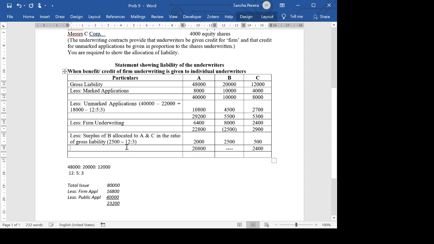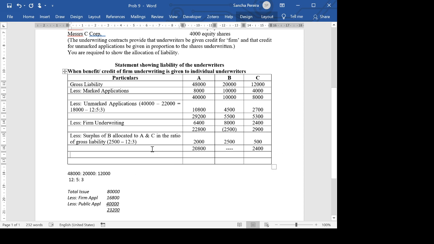So we call this liability as per agreement.